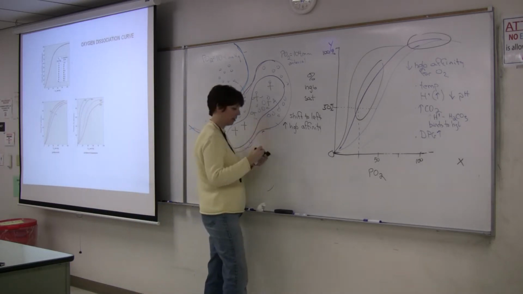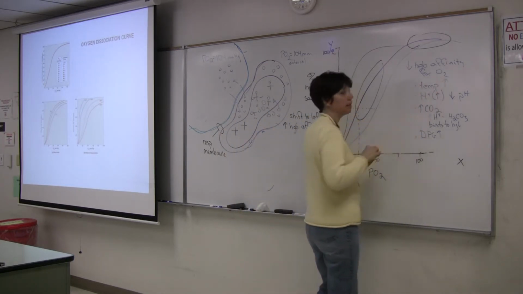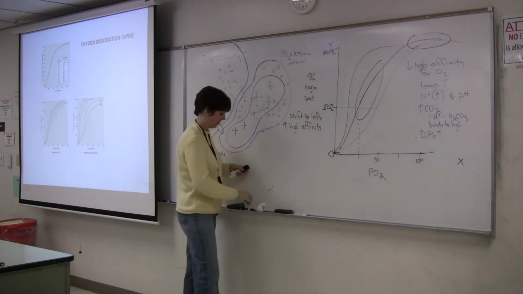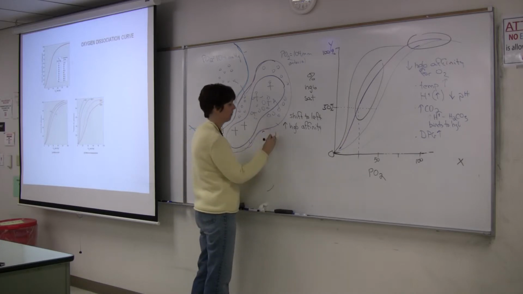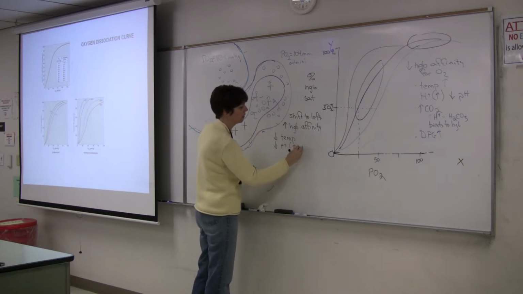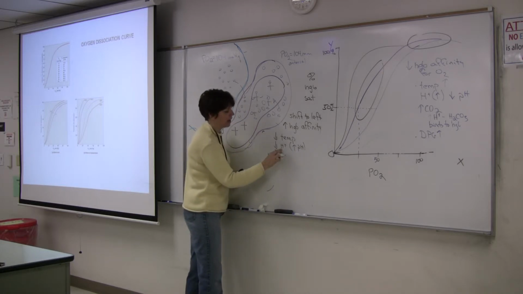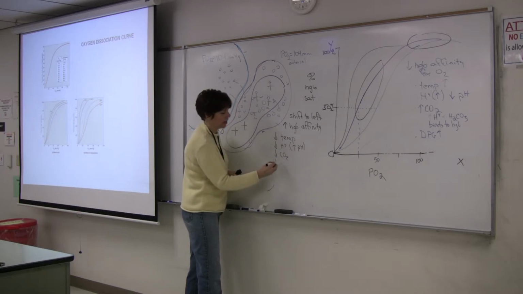So instead of an increase in temperature, a decrease in temperature. A decrease in hydrogen ions, which means an elevated pH. A decrease in the amount of carbon dioxide, or a decrease in the amount of DPG.